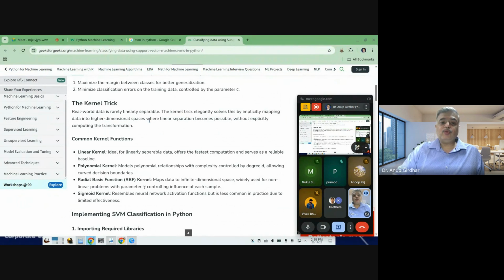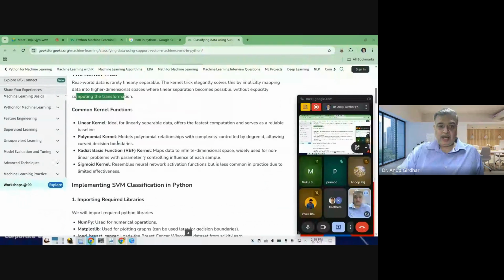We map the data to the higher-dimensional space, where linear separation becomes possible, without explicitly computing that transformation of the data. You have various kernels: the linear kernel, the polynomial kernel, the radial basis function or RBF kernel, and the sigmoid kernel.